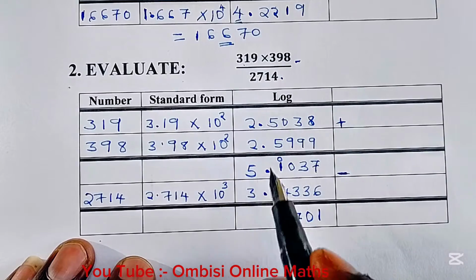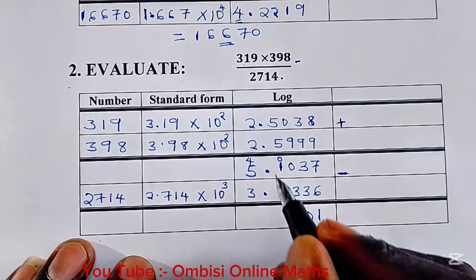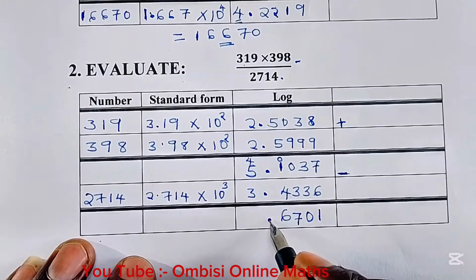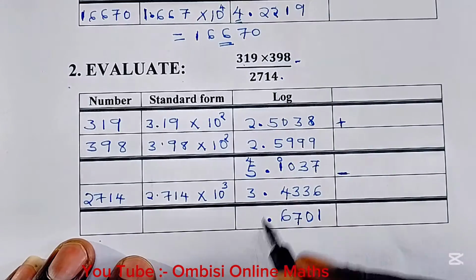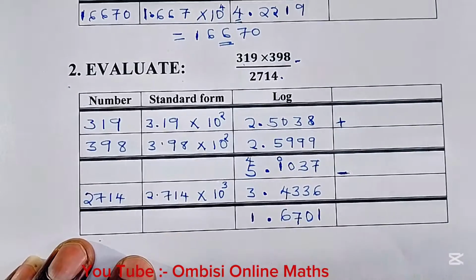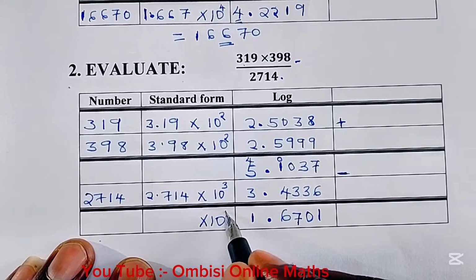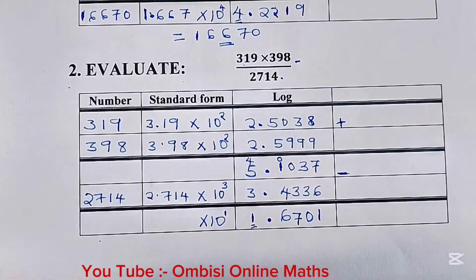So you borrow 1 from here, you remain with the 4. You put where you had 0, it becomes 10. Now 10 minus 4 gives us 6, decimal point. You remain with the 4. So 4 minus 3 gives us 1. So what you have is times 10 raised to our characteristic 1.